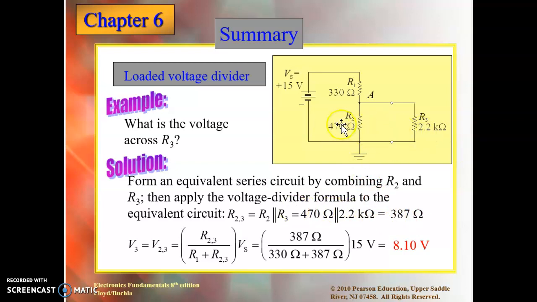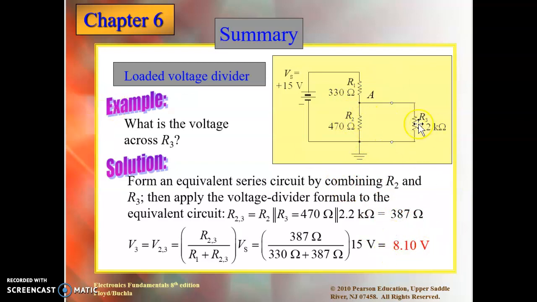The parallel resistance equivalent of these two is 387. 387 and 330 are very close together, so it's safe to say that we could expect the 15 volts to split evenly here. A little bit more from the equivalent one here, because this is a higher value, but mostly very close to the middle. And we get 8.10 volts.